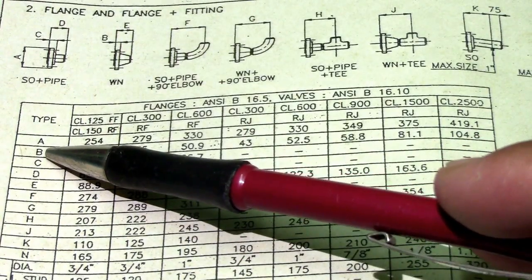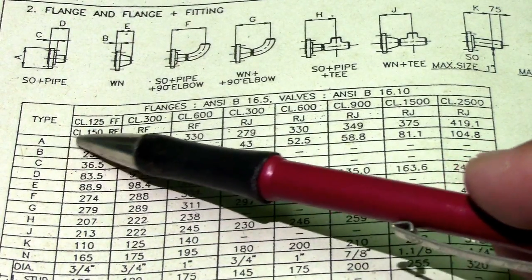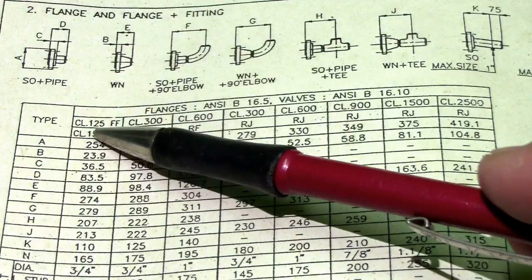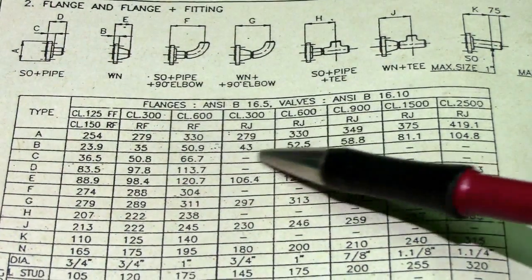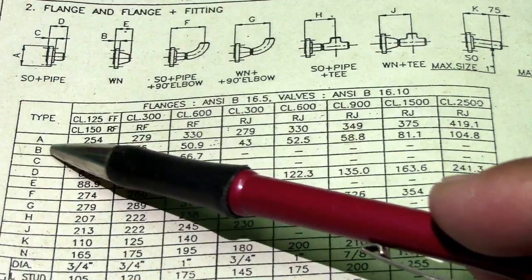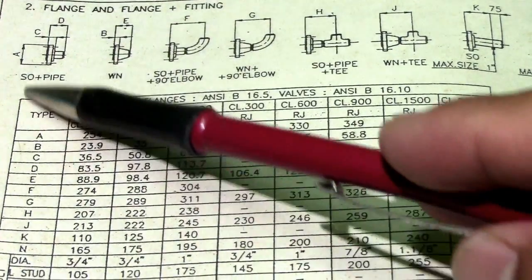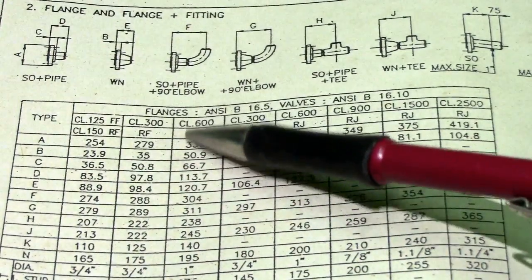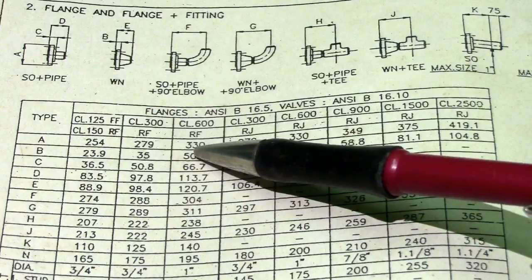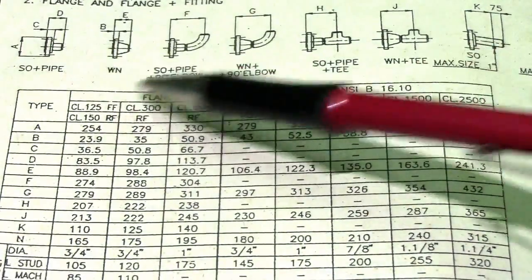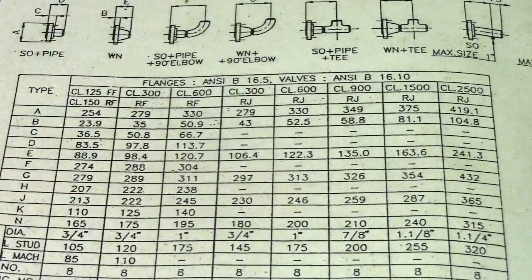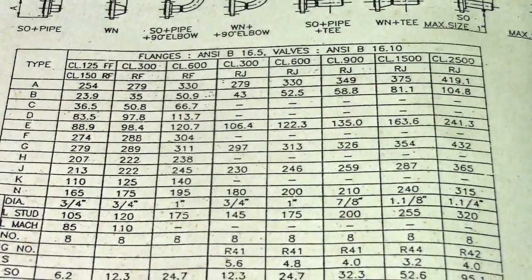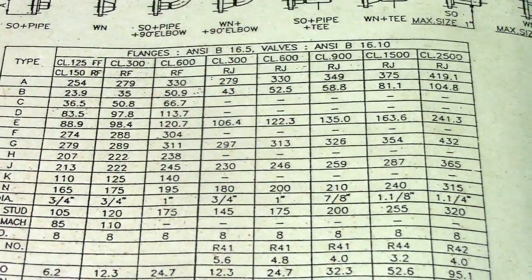This is the dimension based on classification. We have 150, 300, 600. For example, for dimension A class 600, this is the dimension 330. Please take note of all that, and this is very useful in the piping works.